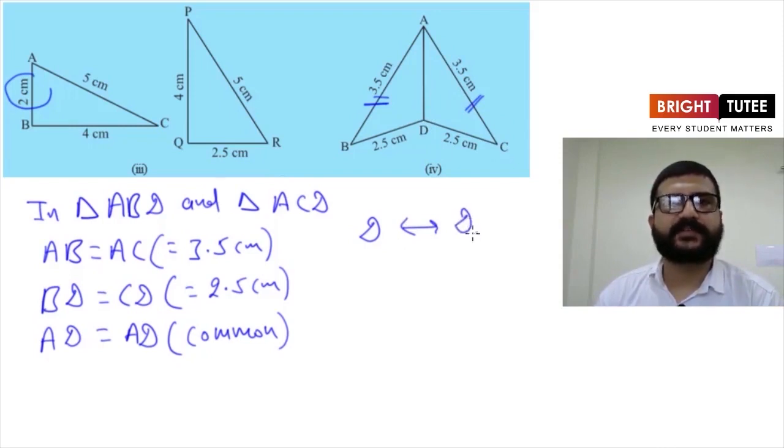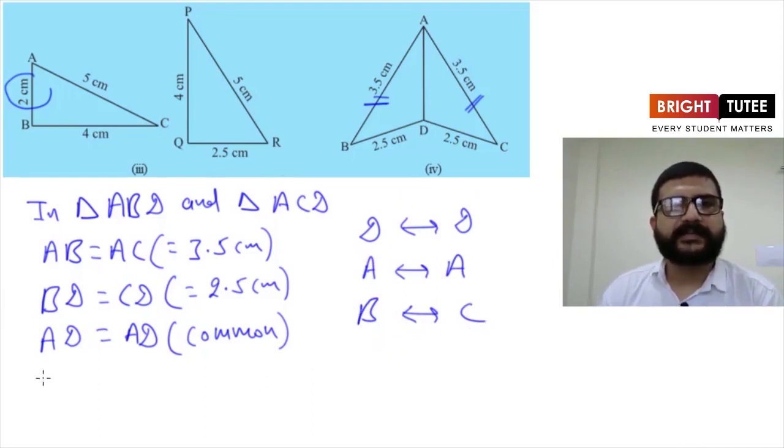So D corresponds to D, and then we have BD is equal to CD. Now vertex corresponding to BD is A and vertex corresponding to CD is A. So it means A corresponds to A, and then we are left with the vertex from first triangle B and the second triangle C. So B corresponds to C.